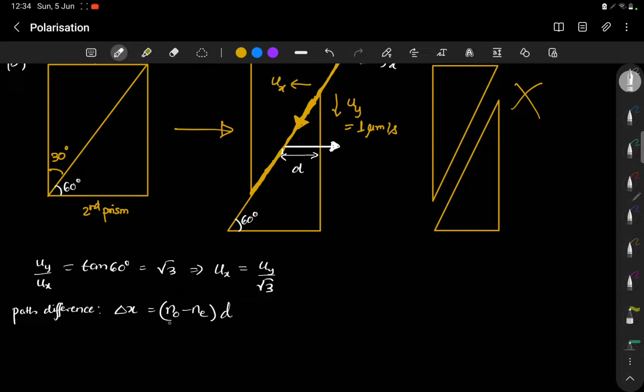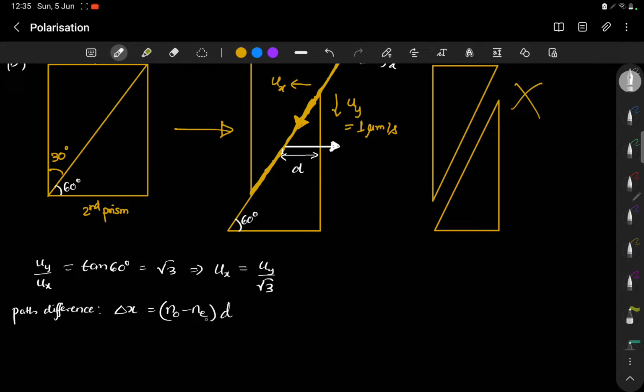This is because the ordinary ray will travel a distance d, extraordinary ray will also travel a distance d in this second prism, and the path difference between the two rays would be given by the difference in the optical paths, and difference in the optical paths is refractive index times the path traveled and subtracted with the extraordinary term.